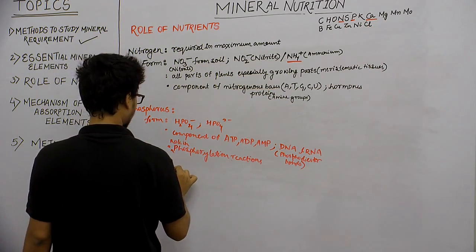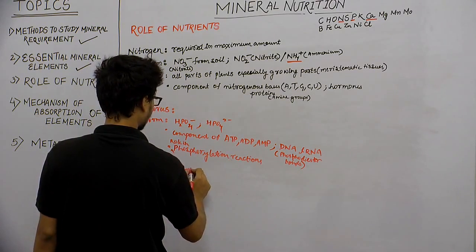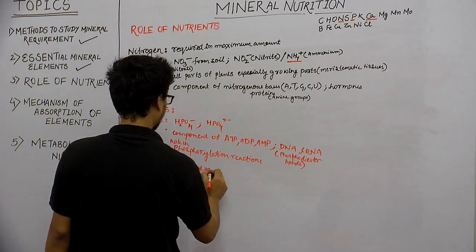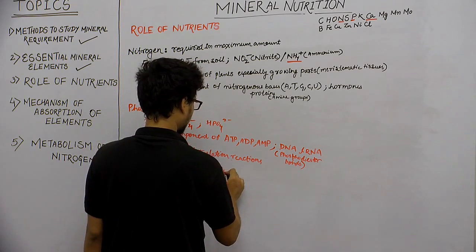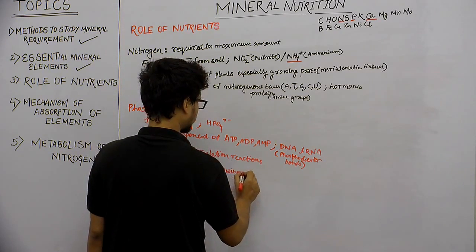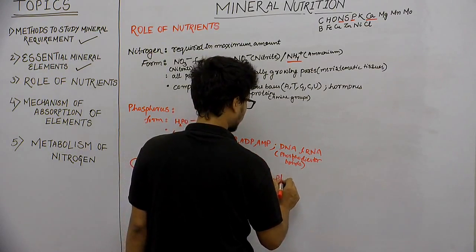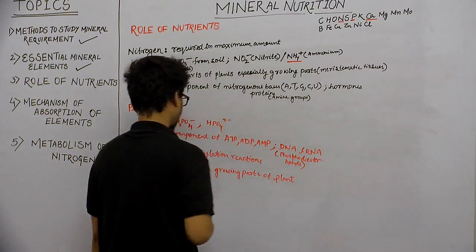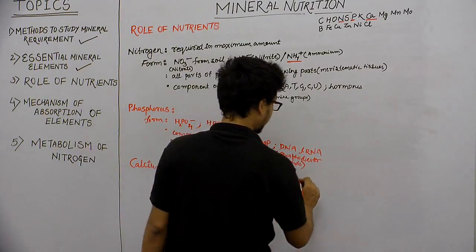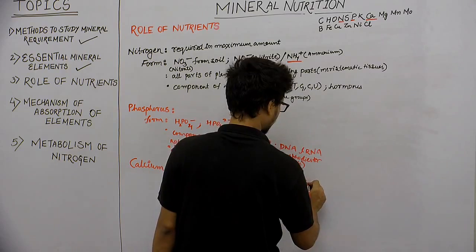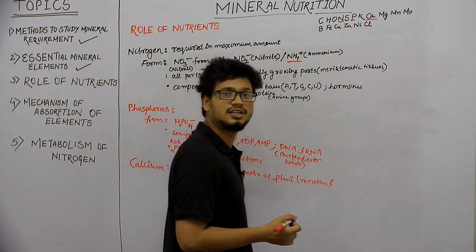Calcium is required in the growing parts of the plant, like meristem and differentiating tissues.